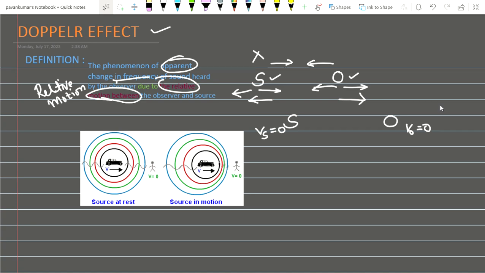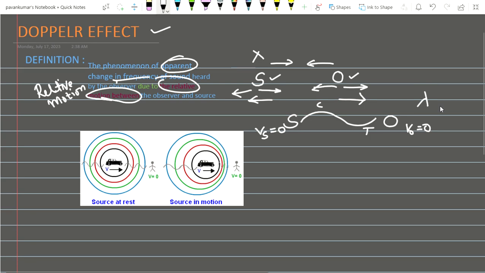If the source produces a sound wave, then it reaches the observer with one crest and one trough. That is, the distance travelled by the wave is equal to the wavelength.